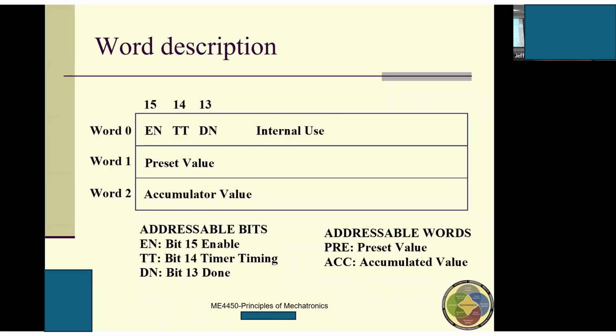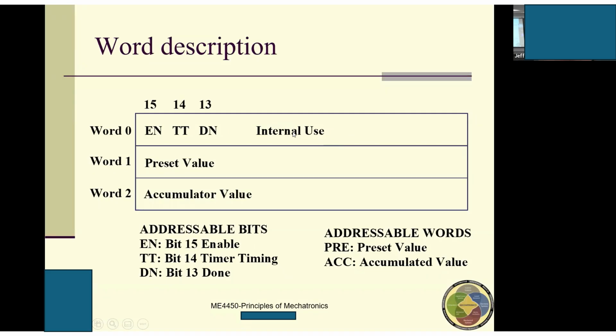So here is a word description. As I told you, a word in the computer world occupies 16 bits, from 0 to 15. Word 0 holds the control bits: the commands, enable, timing, and done bit, and some for internal use.